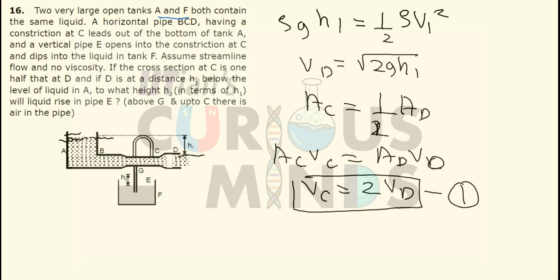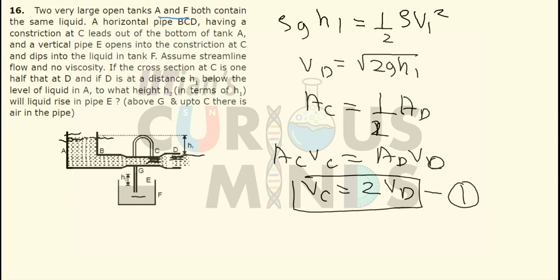Now I have the relationship between the velocity at point C and the velocity at point D. Now I apply the same Bernoulli's equation between point C and point D directly.